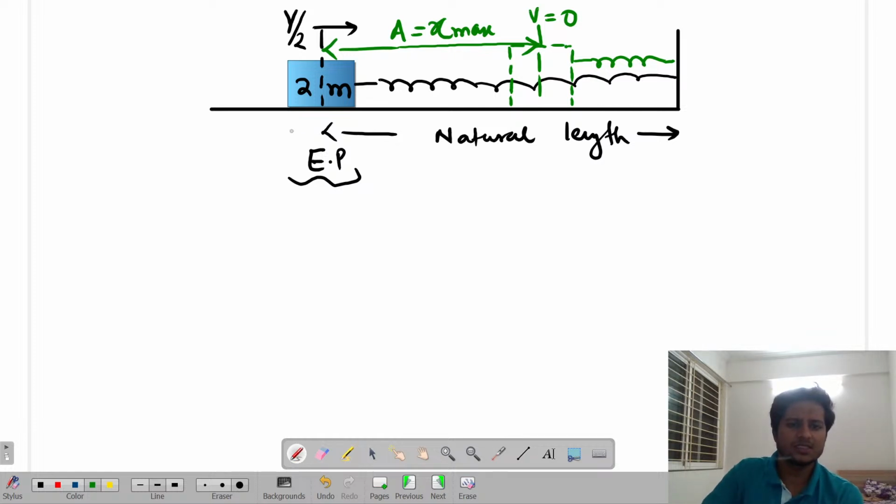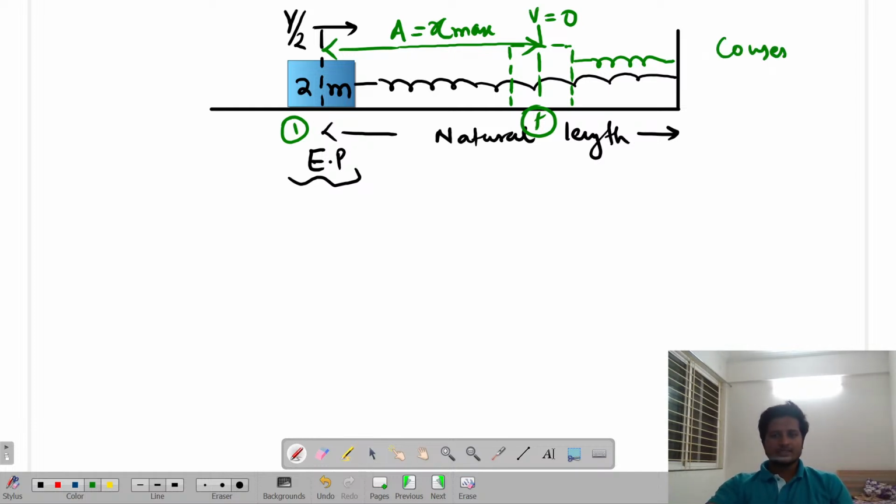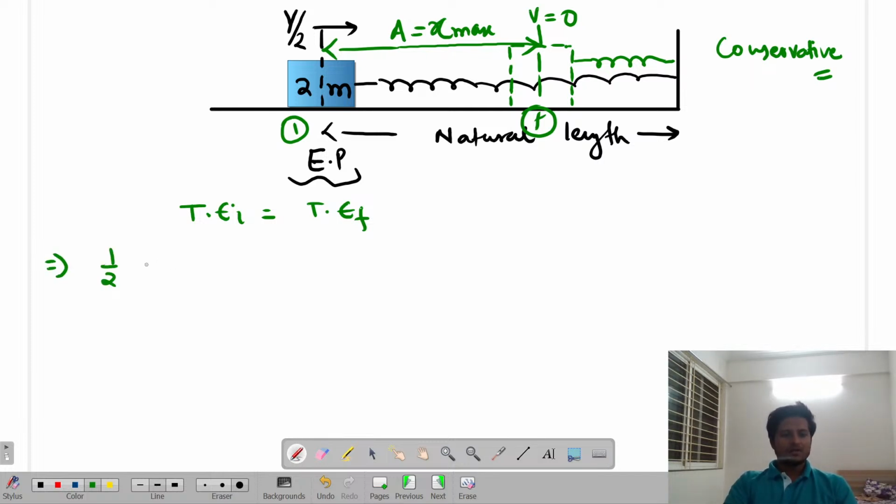Then consider this as the initial point and this as the final point and apply energy conservation. Why? Because all the forces acting over here are conservative in nature. Is spring force conservative or not? So whatever is my total energy initial must be equal to total energy final. What is my total energy initial? Half, mass is 2m and velocity is v by 2 whole square.